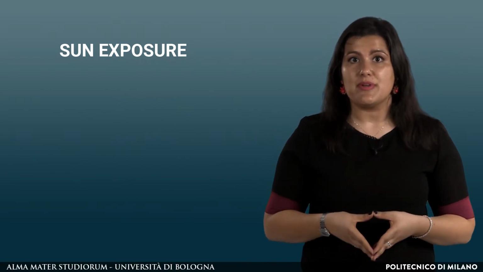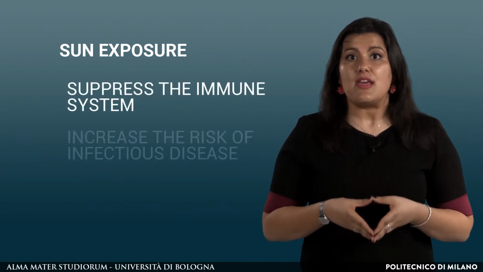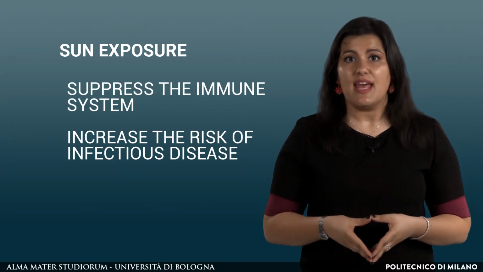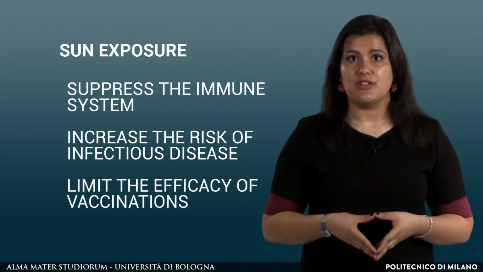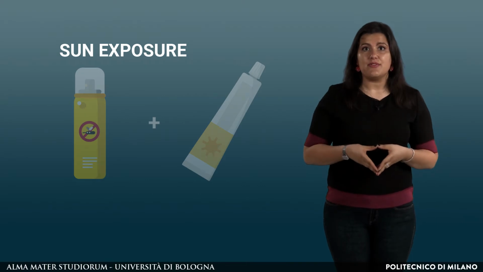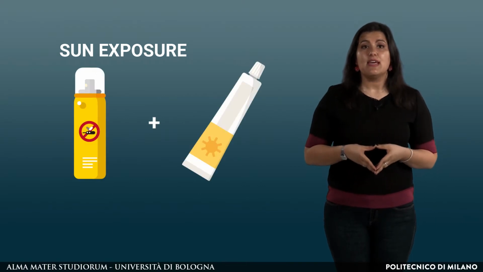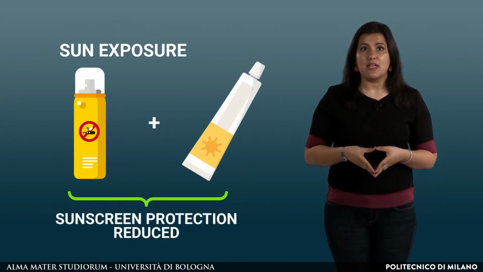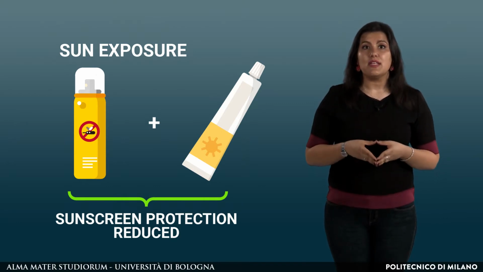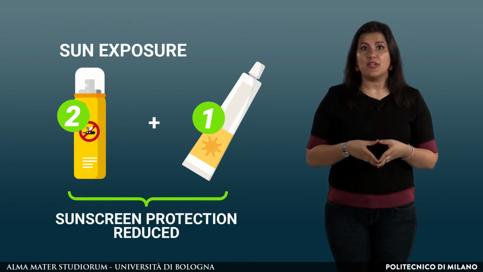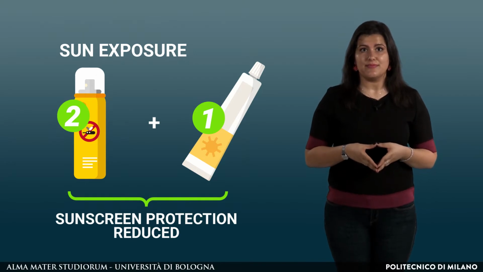Remember that exposure may suppress the immune system, increase the risk of infectious disease, and limit the efficacy of vaccination. In case of simultaneous use of insect repellent, the protection provided by sunscreen can be considerably reduced. Sunscreen needs to be applied first in order to obtain cutaneous absorption.